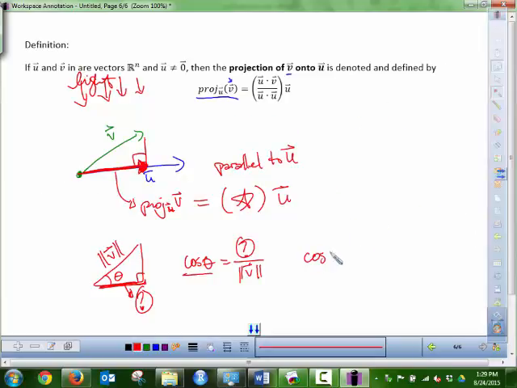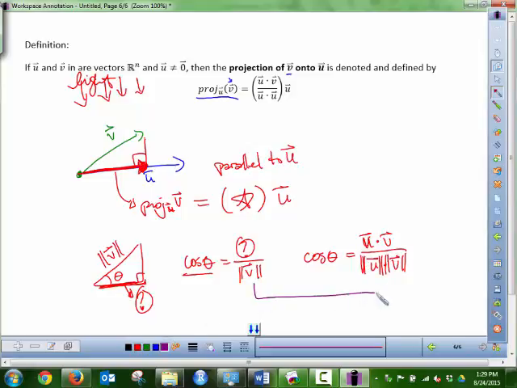Turns out that the cosine of the angle between them is the dot product between these two vectors, u and v, divided by the magnitude of u times the magnitude of v. So these two things should be equal to each other, right? Let's set them equal to each other.